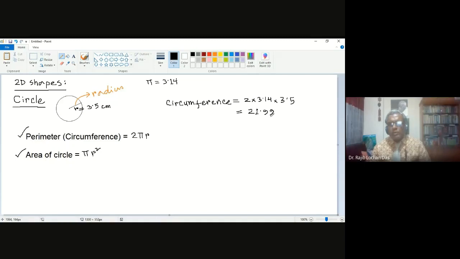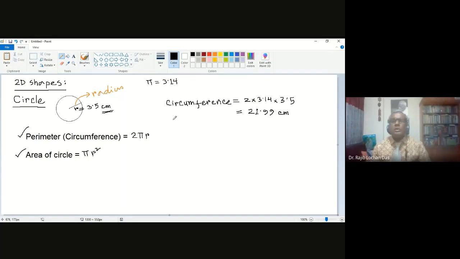And what will be the unit? Centimeter. How do you know it is centimeter? Because it is given in the question, centimeter, right? So is it centimeter square? No, no, it is not centimeter square.